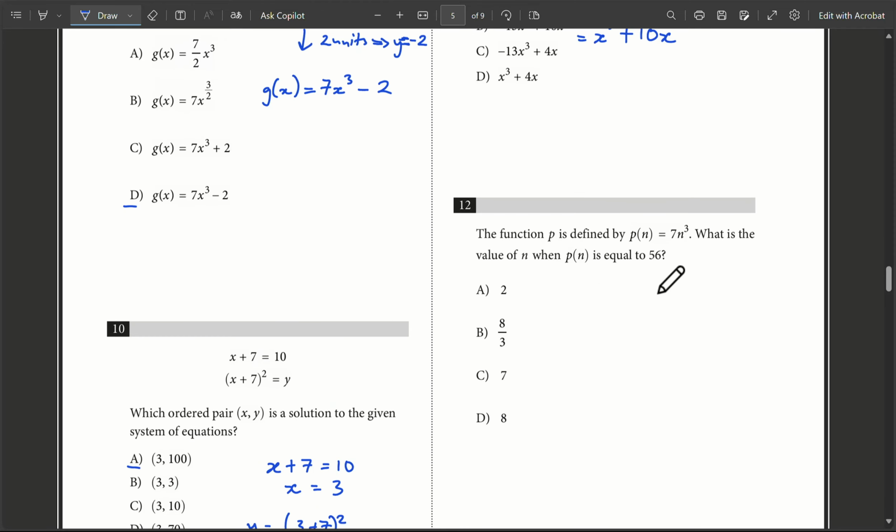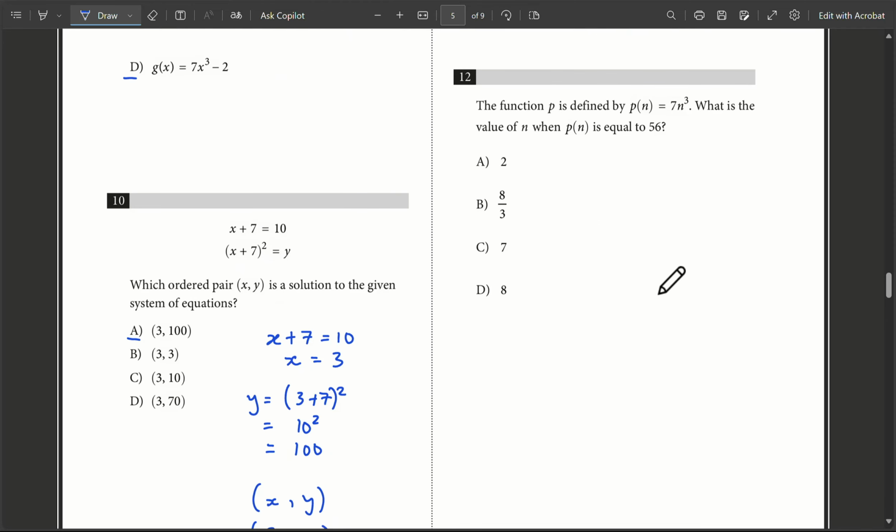Number 12, the function p is defined by p of n is equal to 7n cubed. What is the value of n where p of n is equal to 56? So we have p of n is equal to 7n cubed, right?